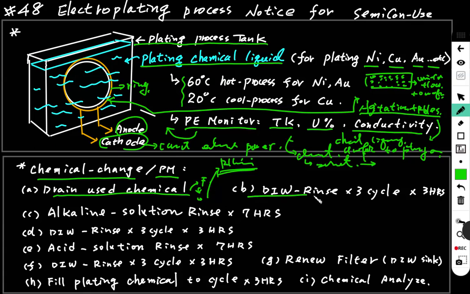Step B. Use DI water to rinse the tank for 3 cycles. Clean, drain, clean, drain, clean, drain, for 3 hours. Then a clean solution rinses the tank for 7 hours.